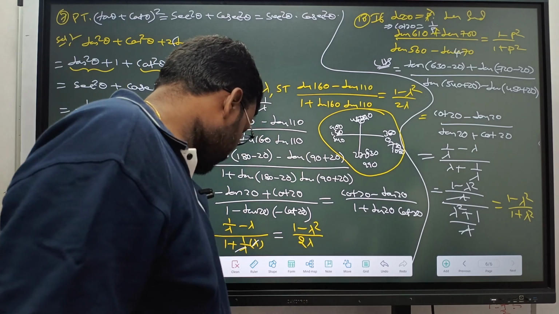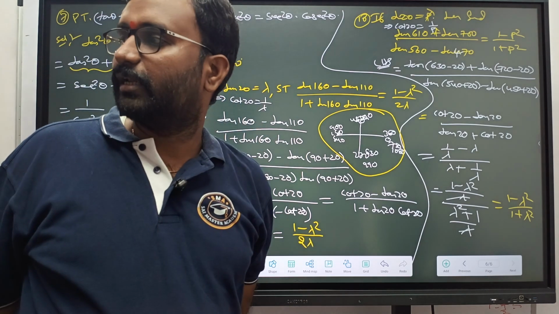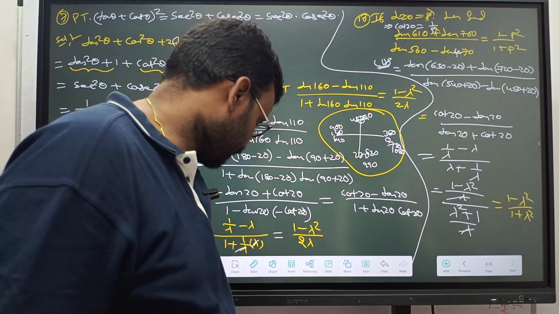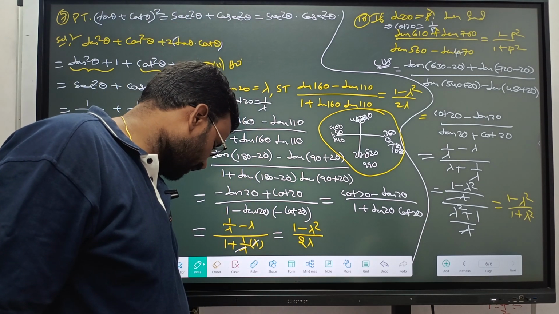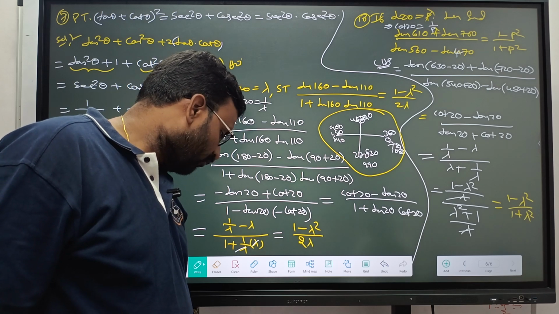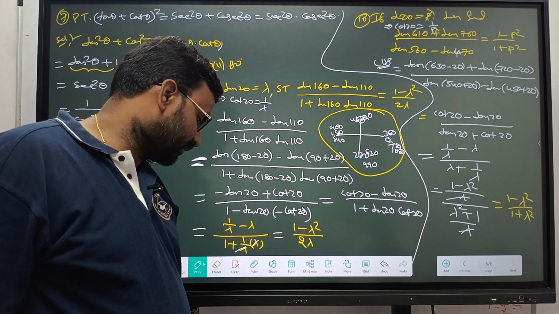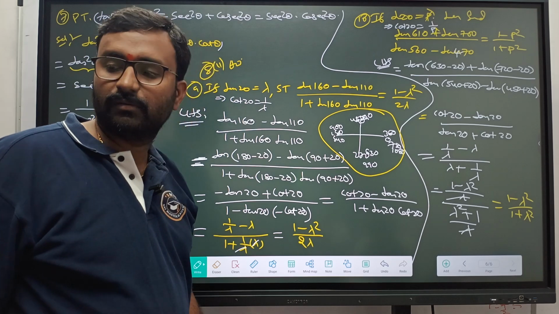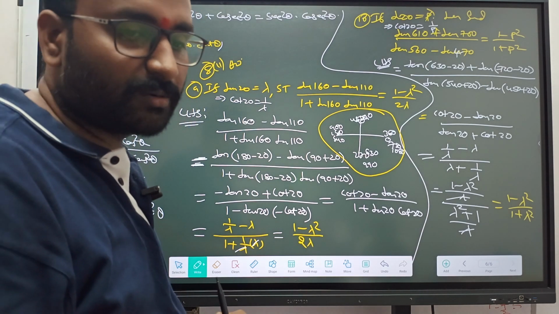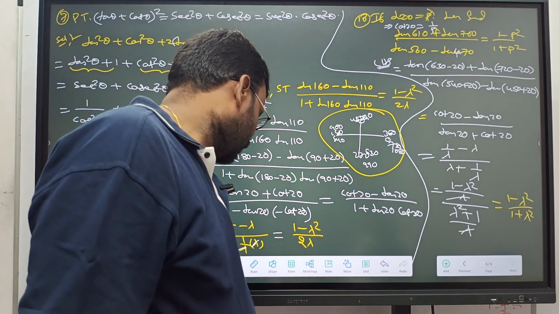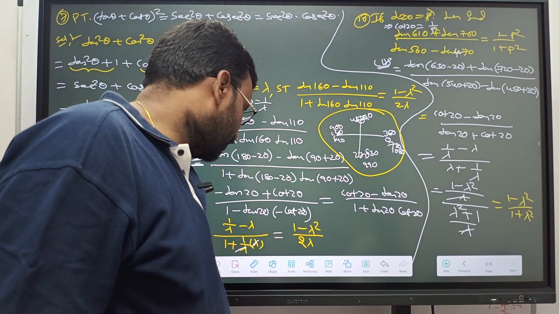See, in your exercise 6CA, Roman number 1, first bit, second bit, third bit, fourth bit, fifth bit, all are homework. Roman number 1 is completely homework, finding values. Maybe you will get a doubt in the fifth bit.